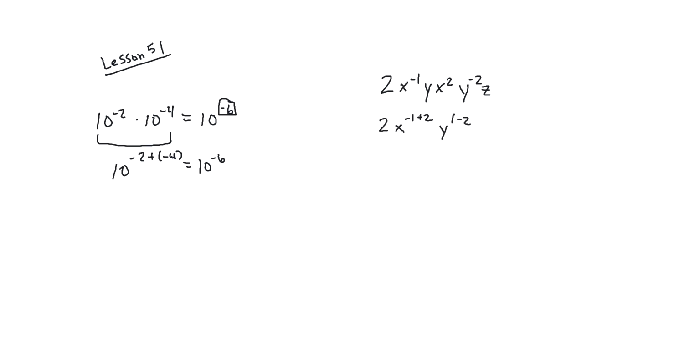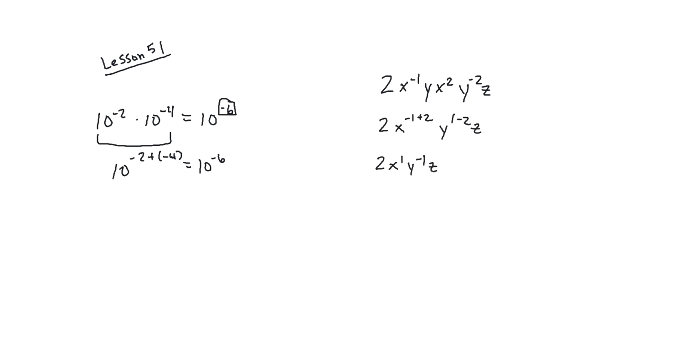And then finally, we're left with the z hanging out here by itself. When we do the math for the exponents, we get 2 times x to the first power, and then for y, we have y to the -1, and all of that is multiplied times z.